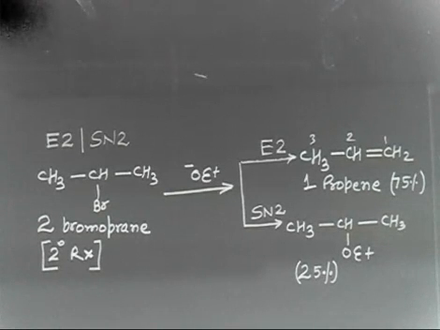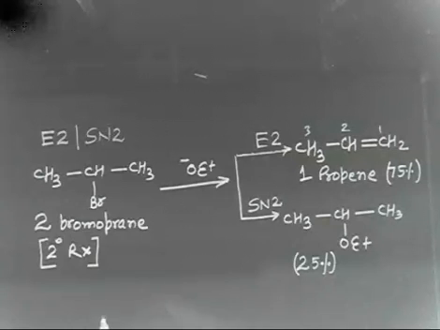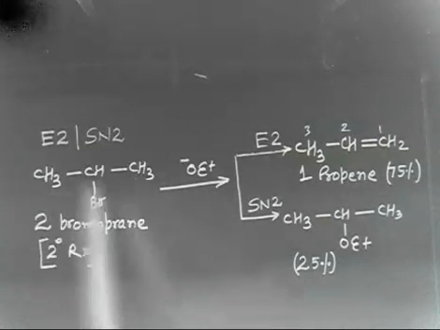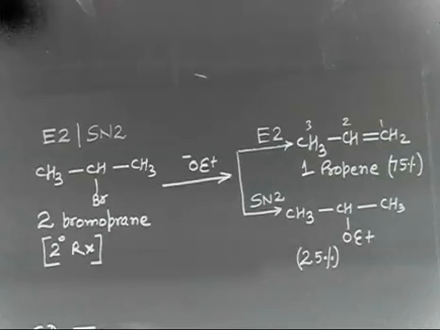Now the same reaction with hexadeutero 2-bromopropane. What we are doing is replacing these hydrogens with deuterium. I have to replace only the 6 hydrogens on the two CH3 groups, not this one.